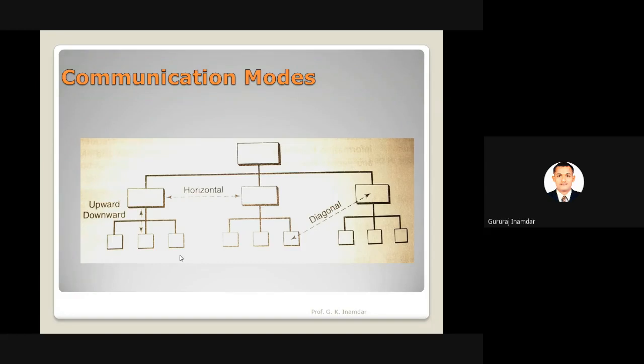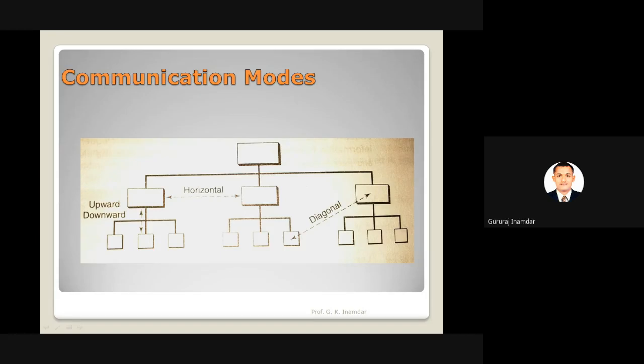And last is diagonal, which is nothing but one person from one department communicating to another department. Suppose, for example, the purchase department and the maintenance department. In the maintenance department, for maintenance purposes, if any machine or tool is required, they will ask the other department: sir, this tool is required, this machine is required for our maintenance, or this product is required for us.